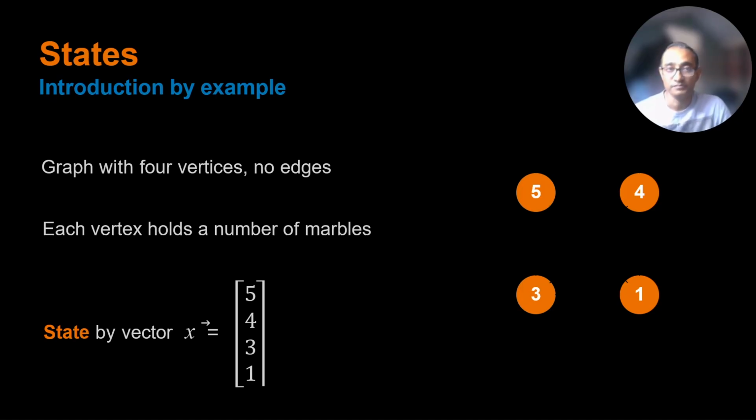Let's take an example. Consider that you have four vertices with no edges, and each vertex is holding a number of marbles, indicated by the actual number written in those vertices: 1, 3, 4 and 5. This represents a state which can be represented by a vector. As such, the vector will read in order of the indices how the vertices are represented: 5, 4, 3, 1.